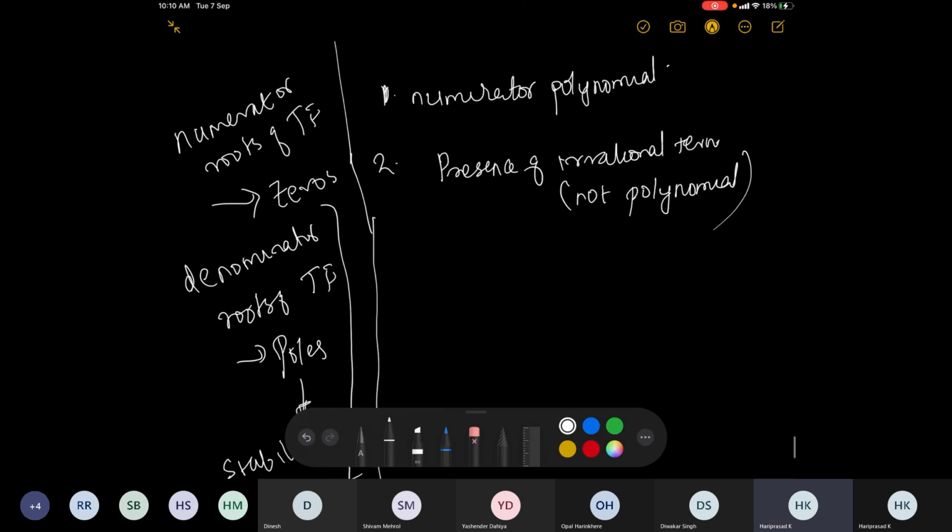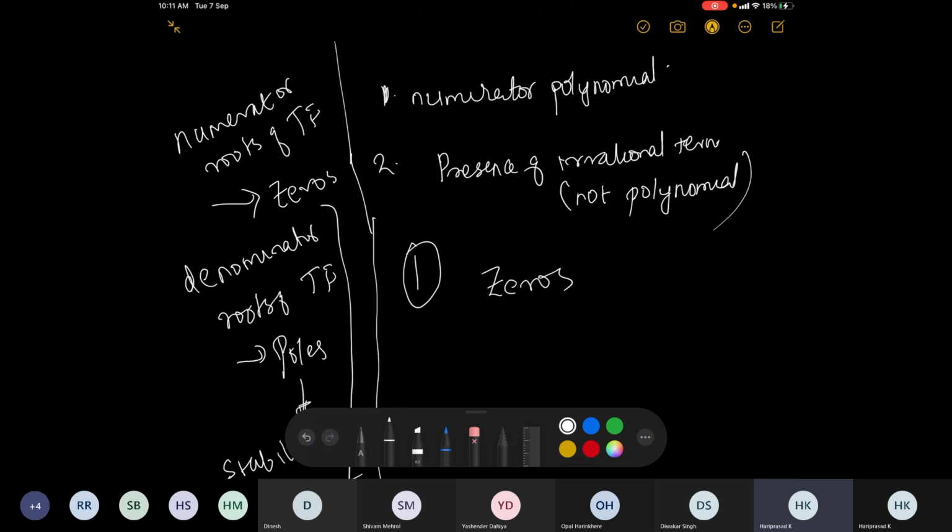So keeping this aside, what we have seen last time is the consequence of the first reason, which is the numerator being a polynomial, which essentially means that you have some zeros in the system. So presence of the zeros.